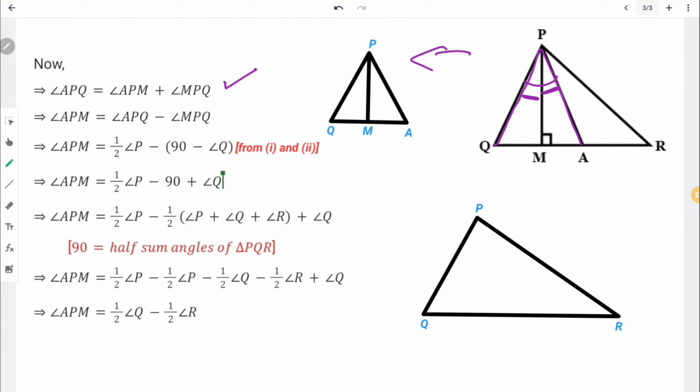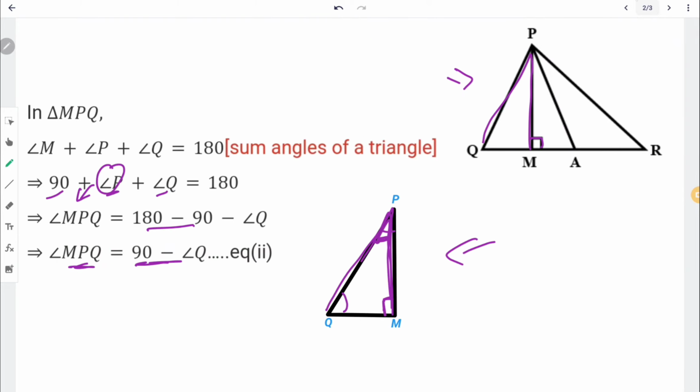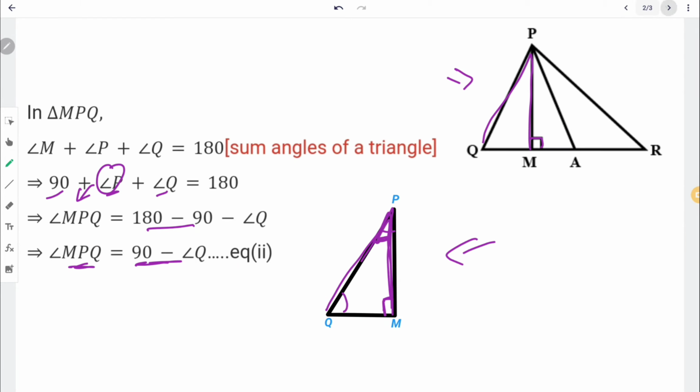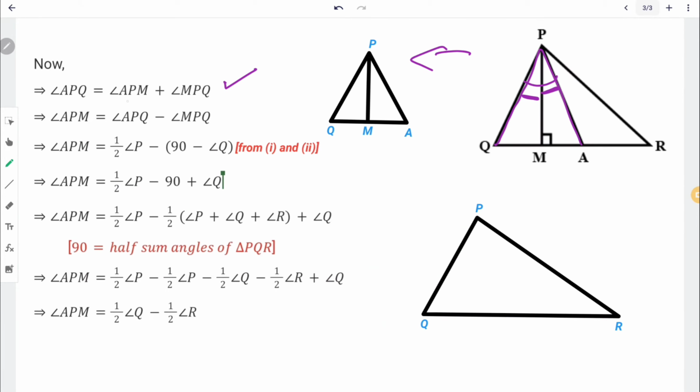Now if you go back to the question, you can see that APM is on the left hand side. So that's what we're going to do. APM will be on the left hand side, but look at your MPQ. Your MPQ is plus. If it goes to the other side, it will become minus. So here you can see APQ minus MPQ. So just exchanging, and then sending MPQ to the other side, MPQ will obviously be minus.